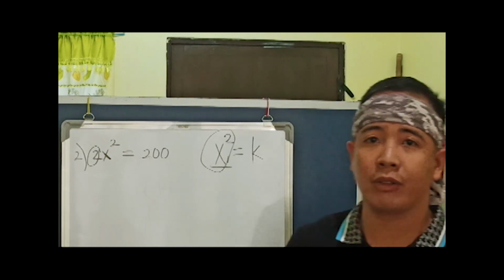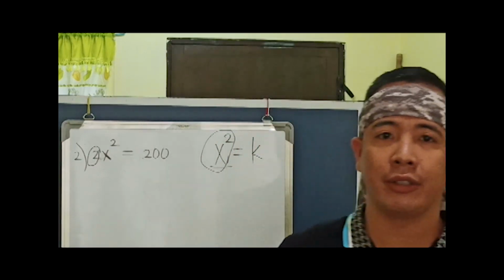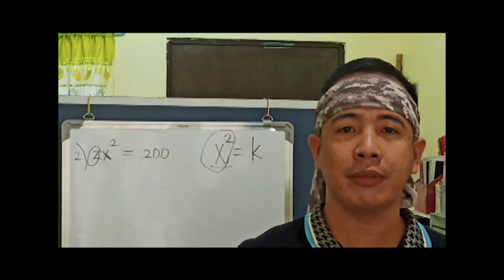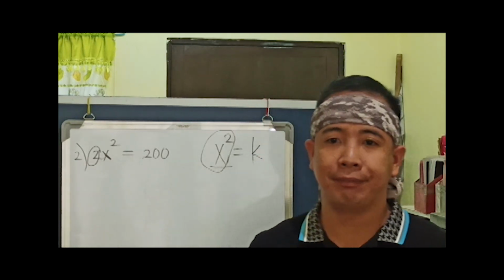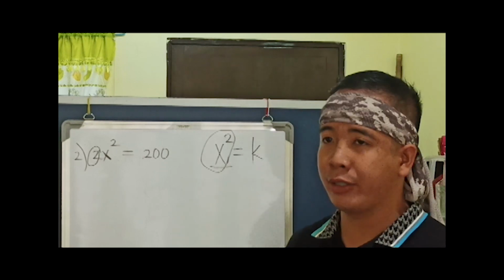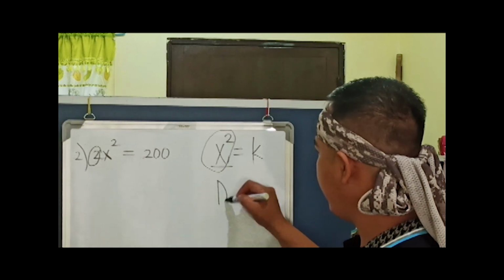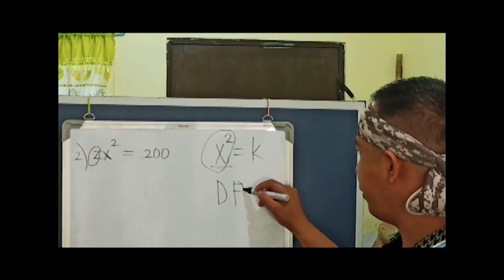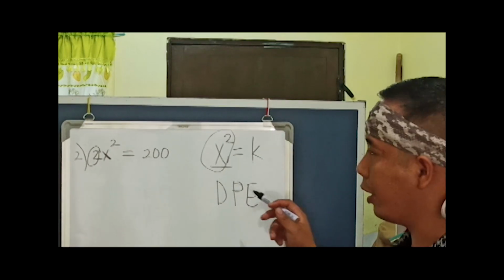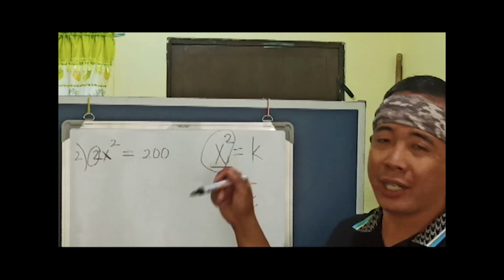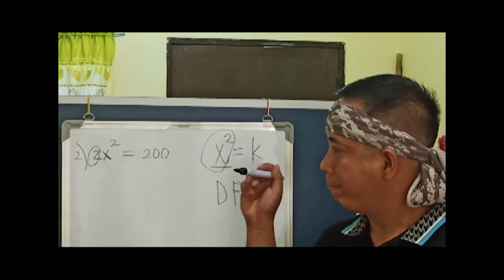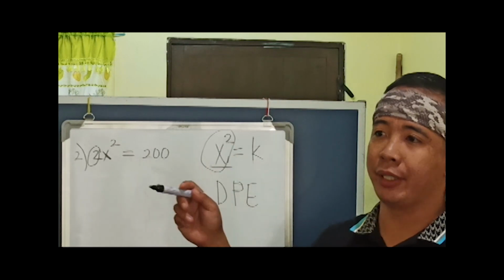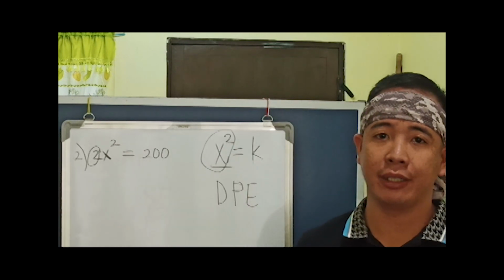Recalling what you have learned before, it might be during your grade 7 times, we have these properties of equality. And mainly, we have the division property of equality, the DPE, meaning we are allowed to divide both sides of the equation by any real number as long as it is not 0.